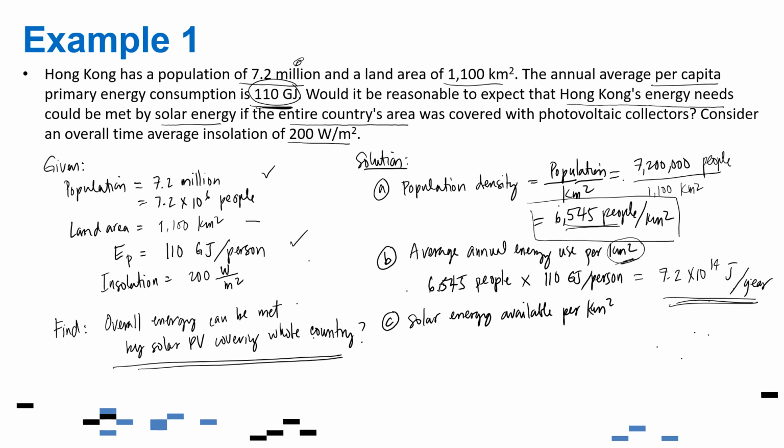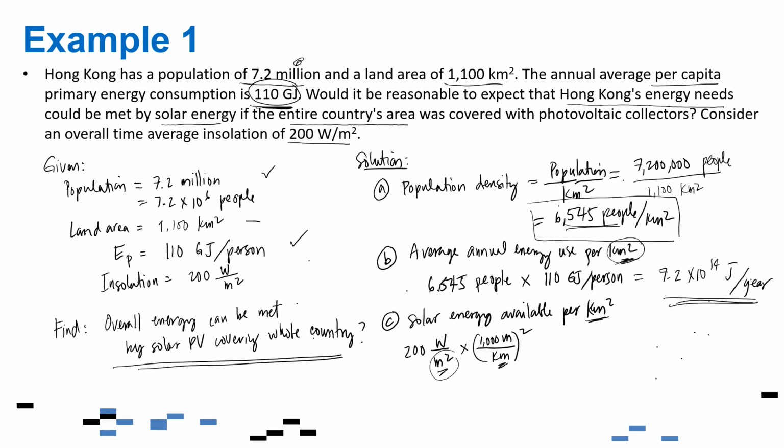The insolation is given already as 200 watts per square meter. So we need to convert this into square kilometers. So we need to convert how many meters in 1 kilometer: 1,000 meters per kilometer, squared. So now that's the conversion to square kilometer.